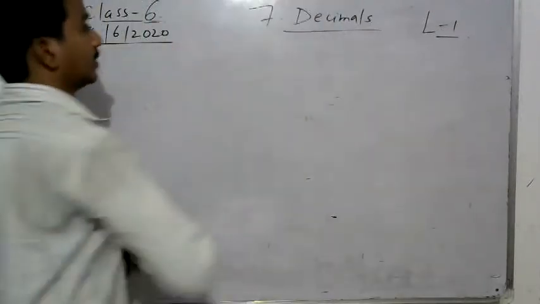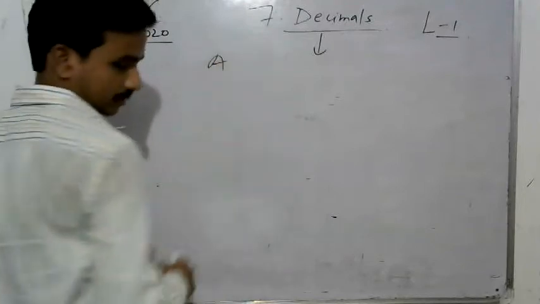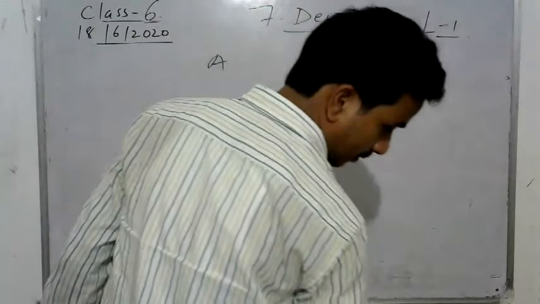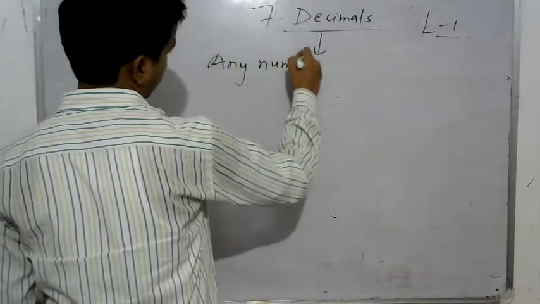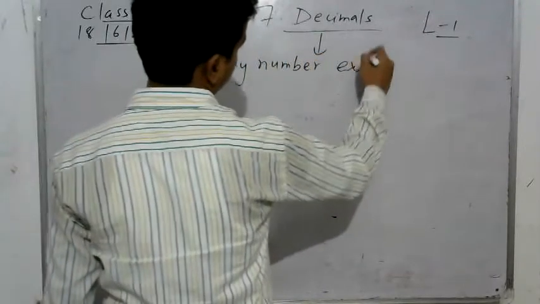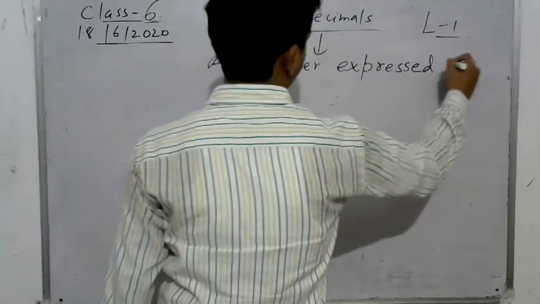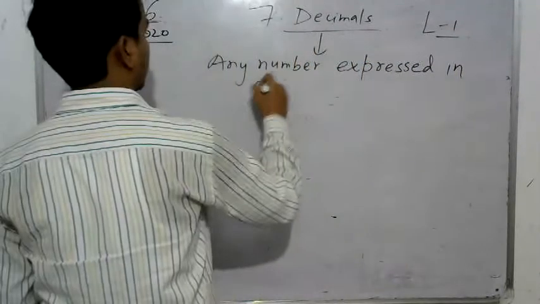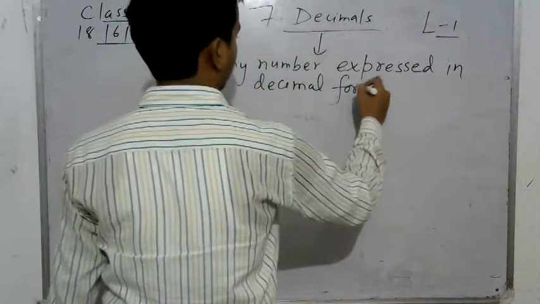Now we will see what is a decimal. A decimal is any number expressed in decimal form.